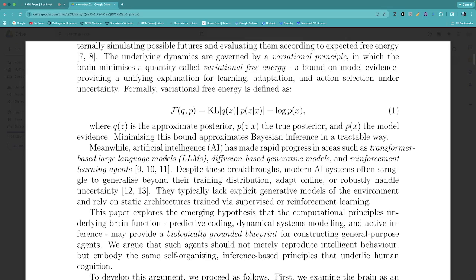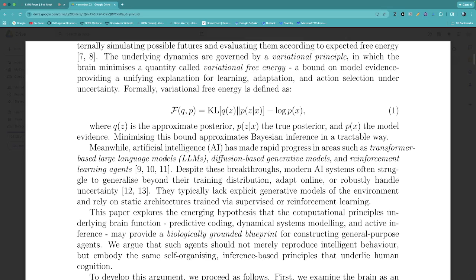So then they point out the limitations of modern models that are currently used. That's transformer-based models, also diffusion models and reinforcement learning agents. These systems often struggle to generalize beyond their training distribution, adapt online, or robustly handle uncertainty. And one of the problems, of course, is that they typically lack explicit generative models of the environment and rely on static architectures trained via supervised or reinforcement learning.